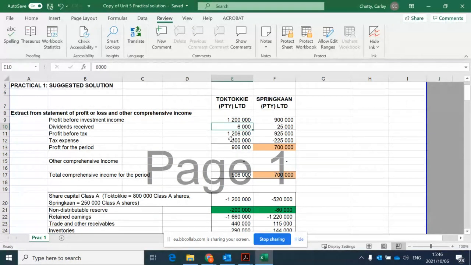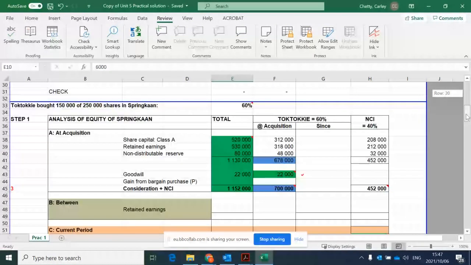So if TalkTalkie received 6,000 Rand in dividends in the current year, then you know that this represents 60%, and then NCI would get 40%. So the total dividend declared and paid will be 10,000 Rand. Okay, so that's where the 10,000 Rand comes from in the analysis of owner's equity.